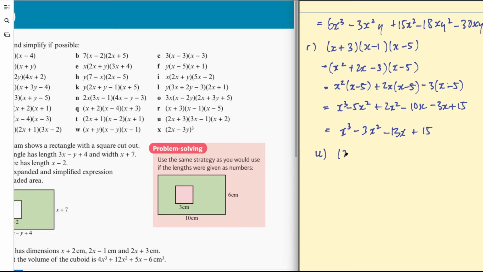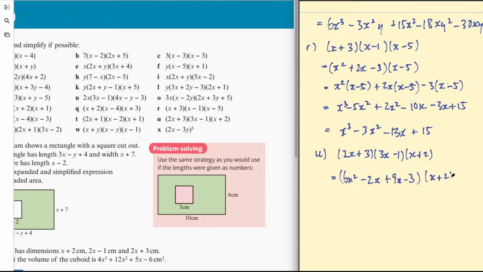Okay, 2x plus 3 multiplied by 3x take 1 multiplied by x plus 2. Again, let's expand the first set of double brackets. So this would be 6x squared plus 9x take 2x take 3. Okay, let's just do this in 2 steps.